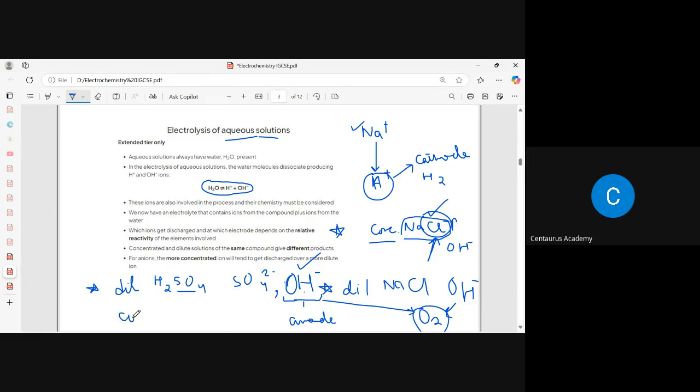What about concentrated sulfuric acid? What will be deposited at the anode? If I use concentrated sulfuric acid, what product is formed at the anode? Is it sulfate?